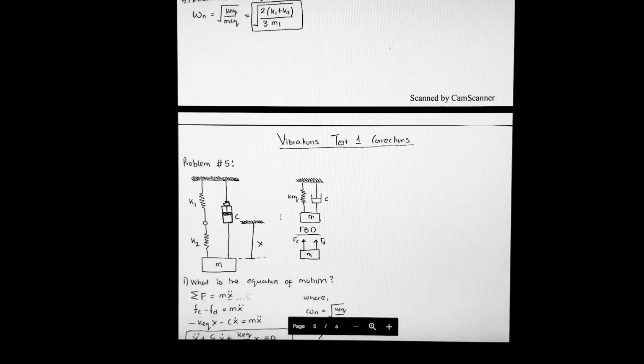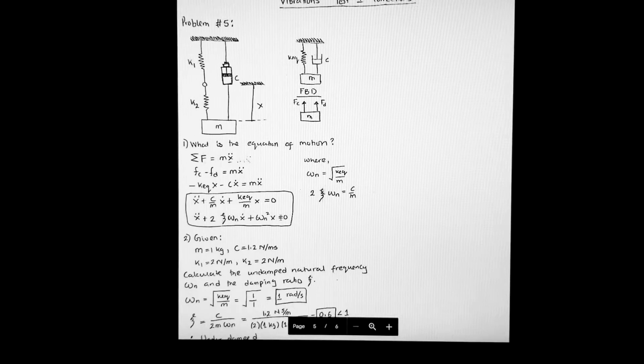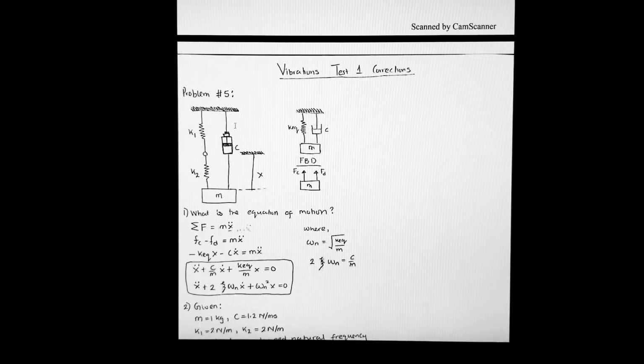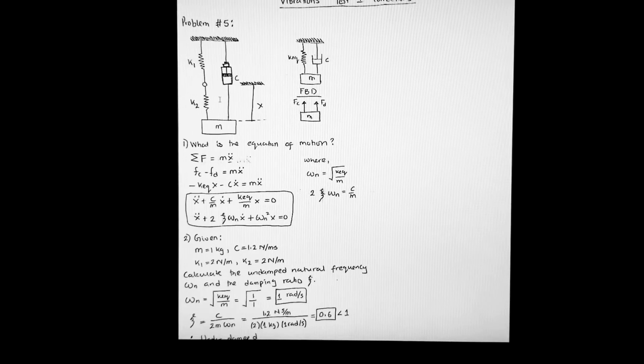And moving on to problem 5 of test 1, we have this whole figure. Then I decided to create a free body diagram with the force and the mass of the whole system. Then our question was to find the equation of motion, which was F equals the mass times x double dot.